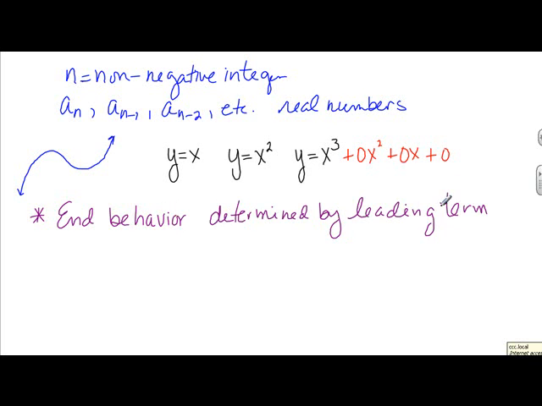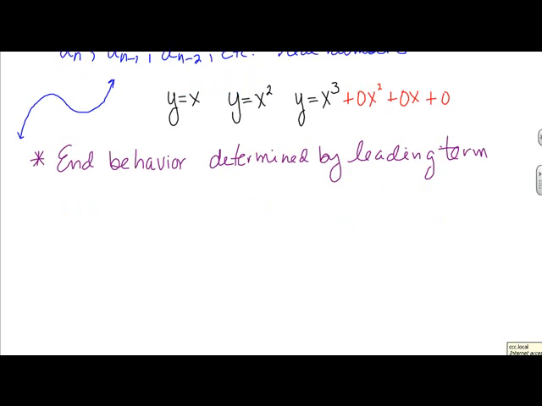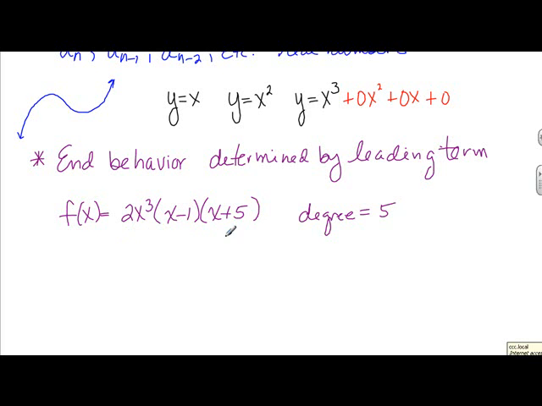So for the function f of x equals 2x cubed times x minus 1 times x plus 5, first of all, the degree of that function is 5. If you multiplied this out and got this polynomial written in standard form, the leading term would be 2x cubed multiplied by x and by x to give you x to the 5th power.